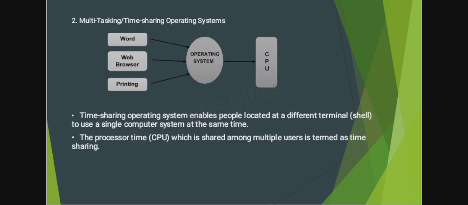Next, we have multitasking time-sharing operating system. Time-sharing operating system enables people located at different terminals to use a single computer system at the same time. The processor time or CPU is shared among multiple users, termed as time sharing.